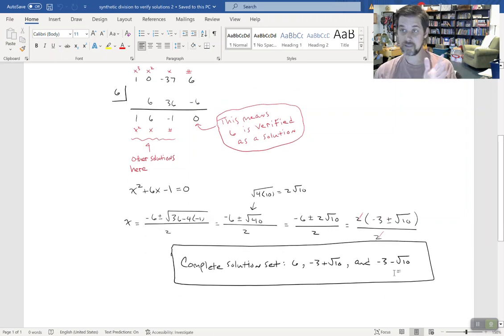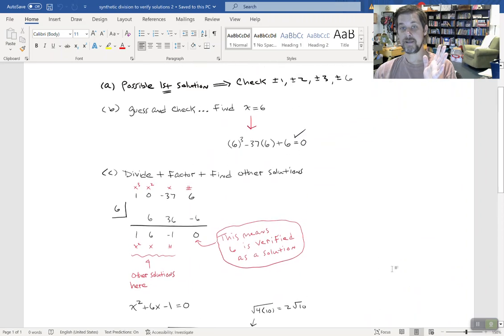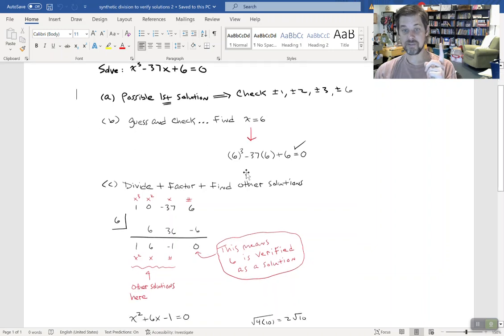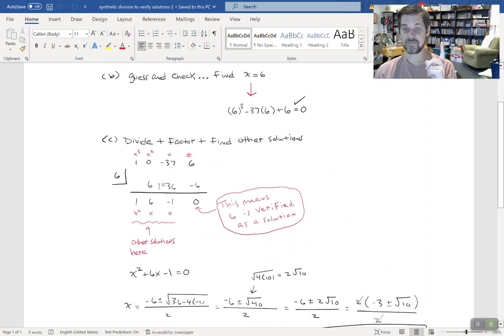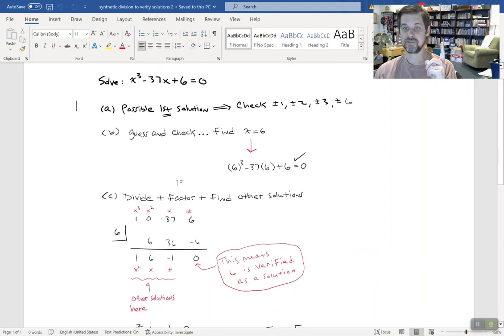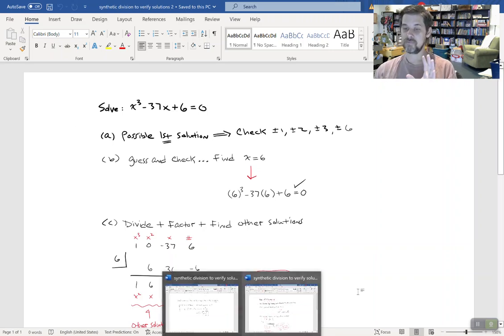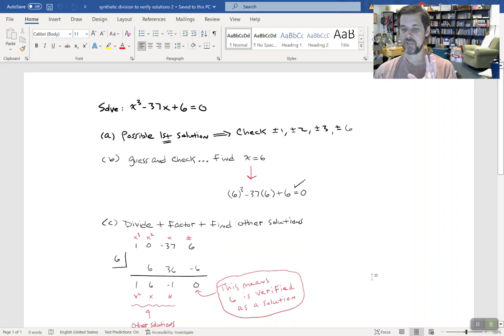You can do it how you want, but for this part B, where we have to guess and check to find the number on this list that actually works, the first solution that allows us to divide it and factor it out and solve further, why not just plug the numbers into the equation to find the one that works? That was the reason I started this discussion with you in the first place.